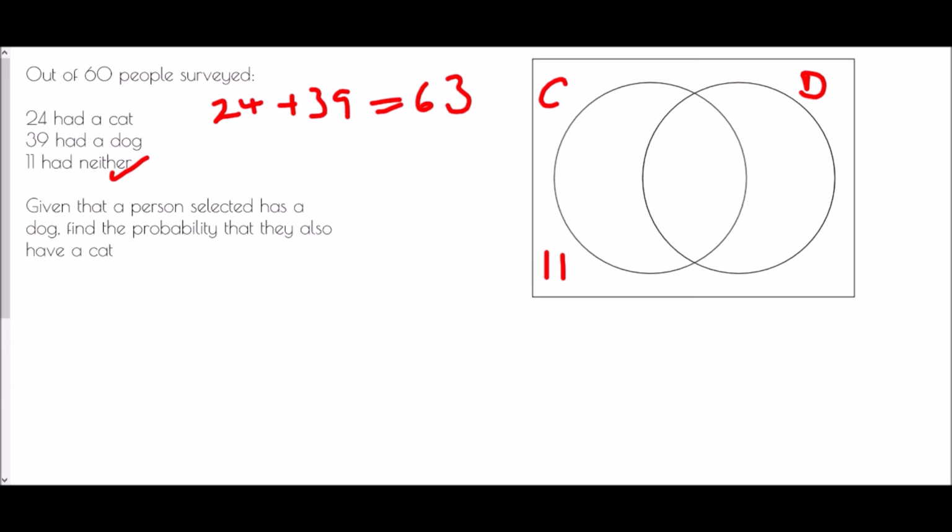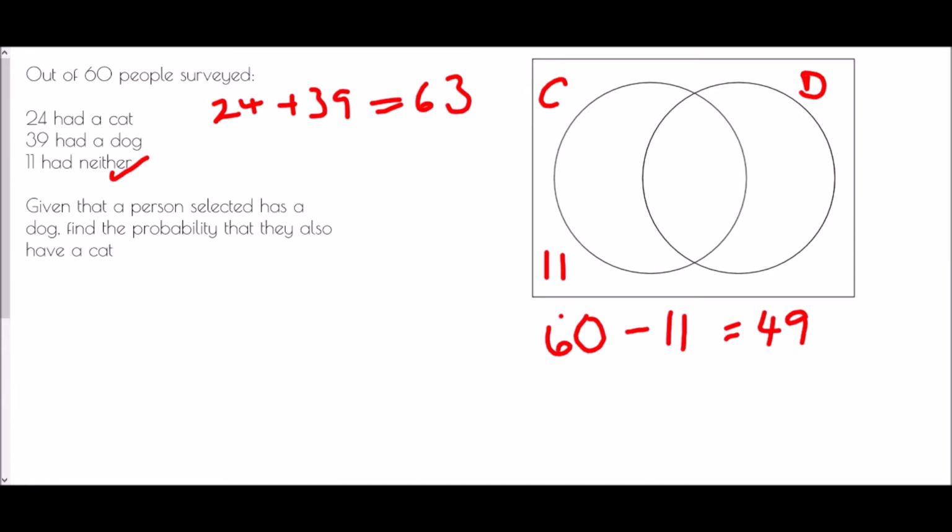And we already know that 11 people don't have either type of pet, so we need to deal with those 11 people. There were 60 people in total, and 11 don't have either, which means we are only left with 49 people who either have a cat or a dog.